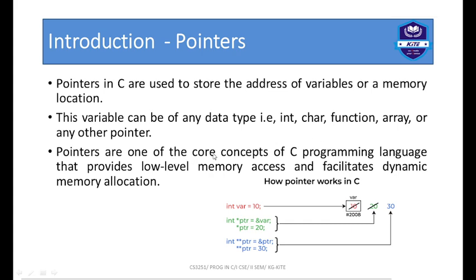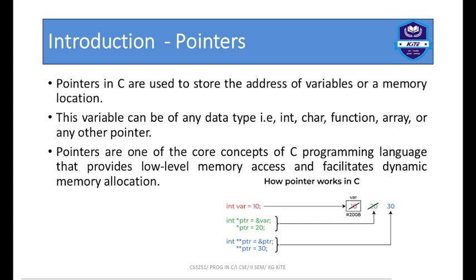Pointers are one of the core concepts in programming languages that provide lower level memory access, that is closer to the metal. That is one of the important advantages of the C programming language. That is why C is a quicker, faster language than many others, and that makes the language so strong.